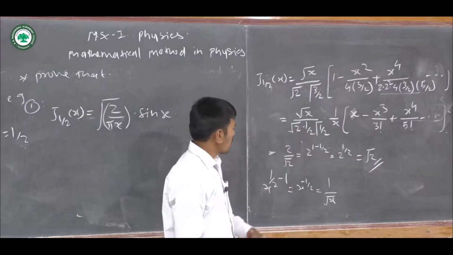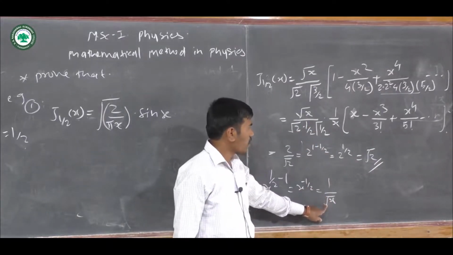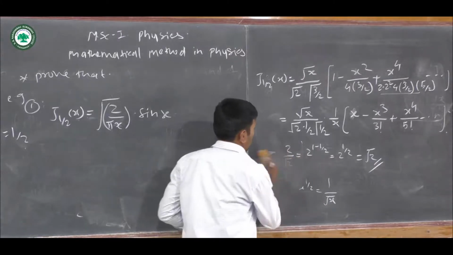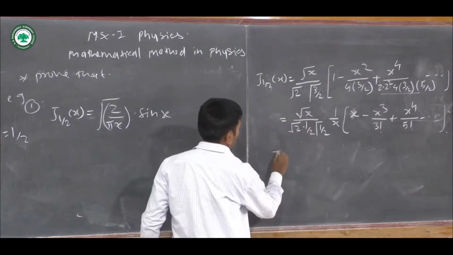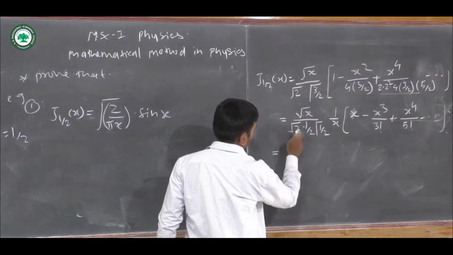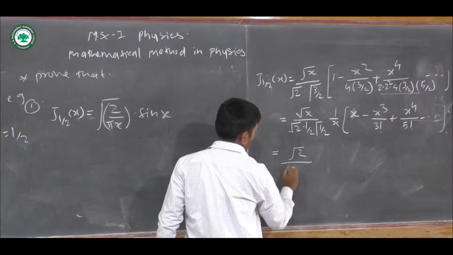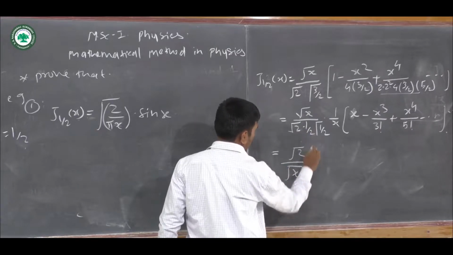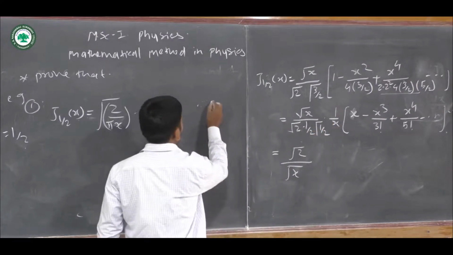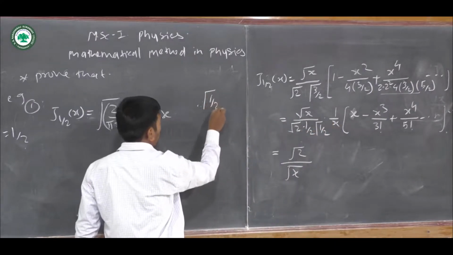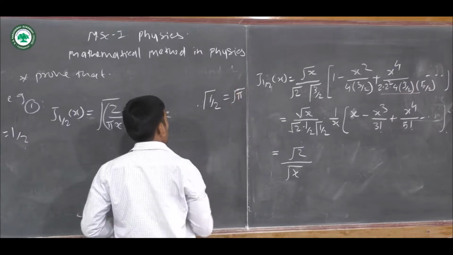So I write this under root 2 here and 1 by under root x here. So it is under root 2 divided by under root x, and gamma 1 by 2 is equal to under root pi.